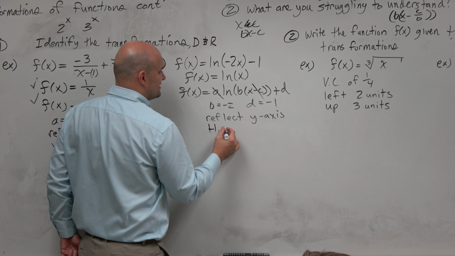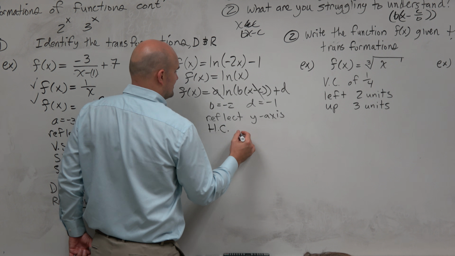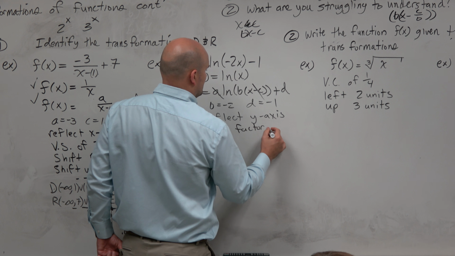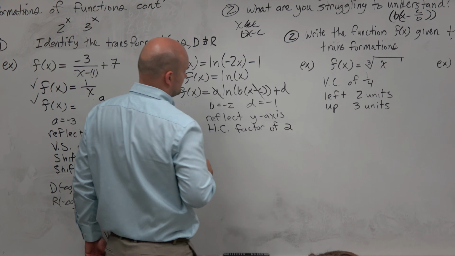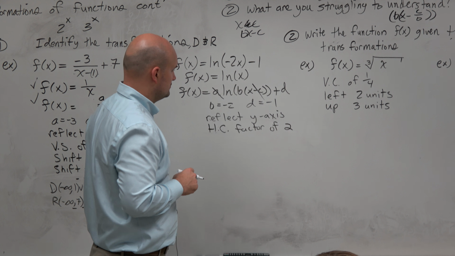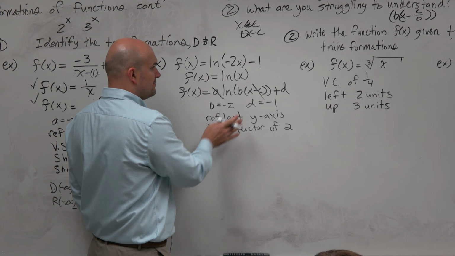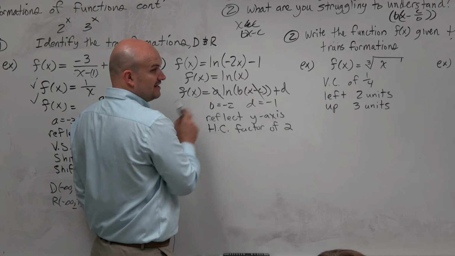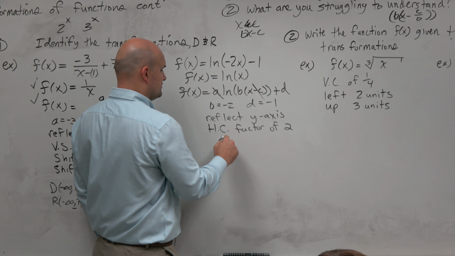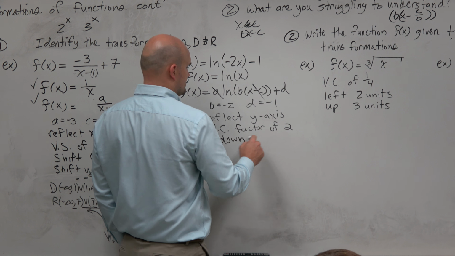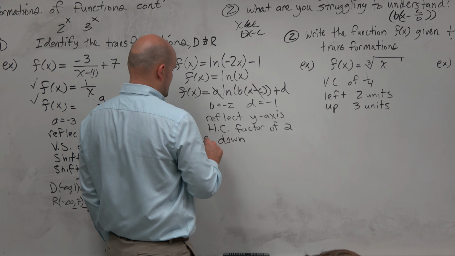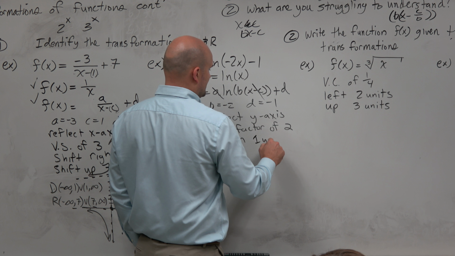Horizontal compression. So absolute value of -2 is 2. And then we have the d. If d is negative, that means it's shifting the graph down 1 unit. So we could say shift down 1 unit.